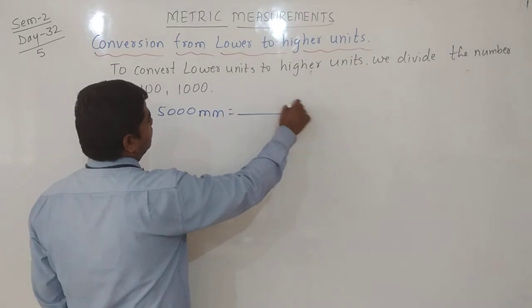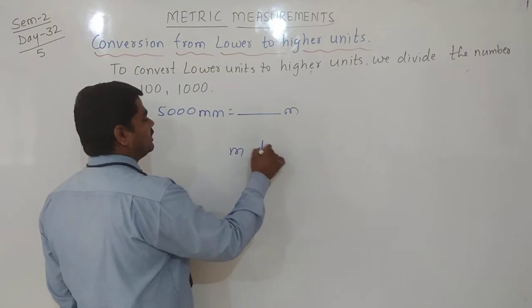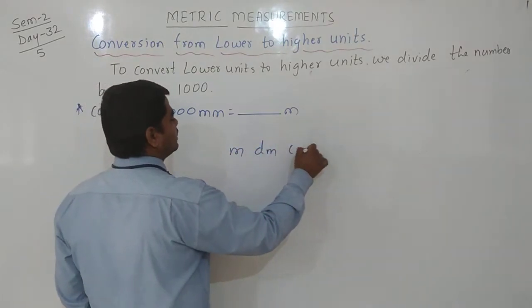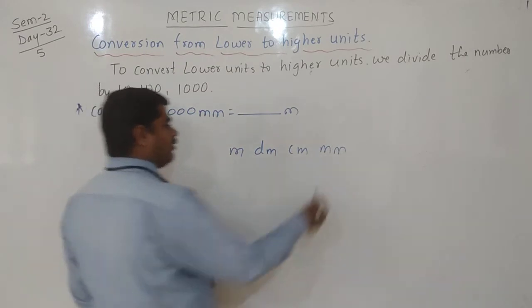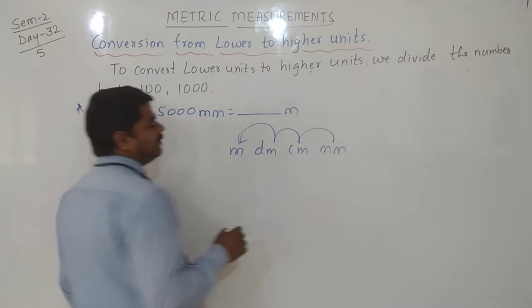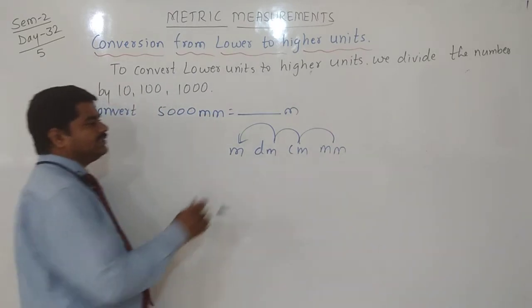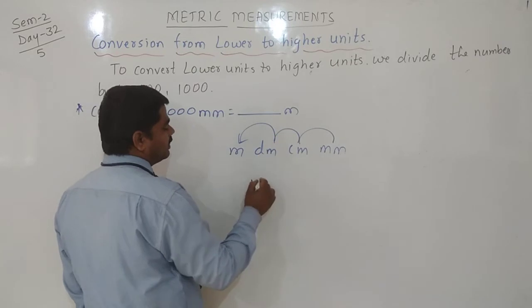Very simple. Here: meter, decimeter, centimeter, millimeter. We should convert from lower to higher, 3 places. How many places? From right to left you count: 1, 2, 3. Then by 1000.